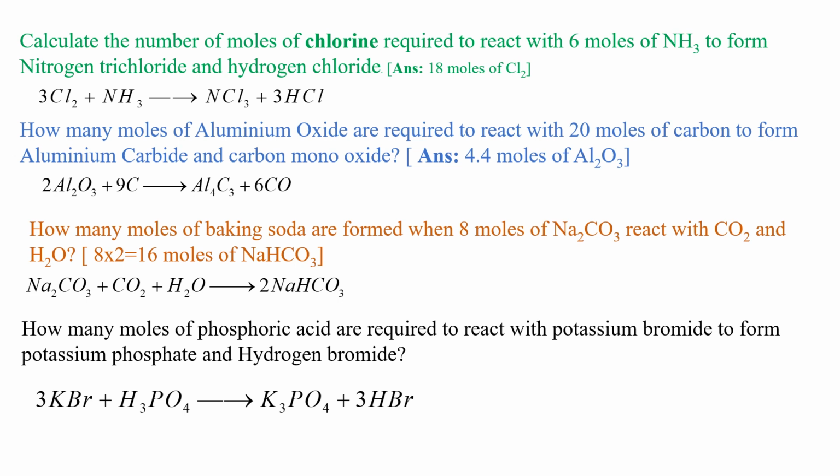Next problem. Calculate the number of moles of chlorine required to react with 6 moles of ammonia to form nitrogen chloride and hydrogen chloride. Next question. How many moles of aluminum oxide are required to react with 20 moles of carbon to form aluminum carbide and carbon monoxide? Mono means one oxygen atom. Next question.